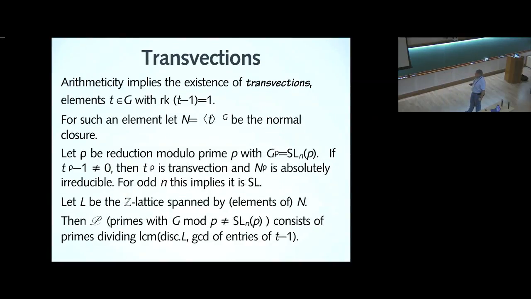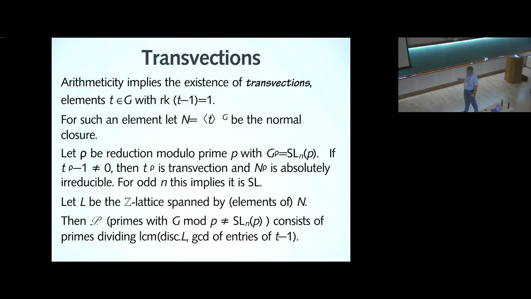If rho is reduction modulo a prime, then if T rho minus the identity is not 0, it must be a transvection. So if the image of this subgroup N modulo rho is absolutely irreducible, and in odd dimension, if we have an absolutely irreducible subgroup containing a transvection, it has to be SL.